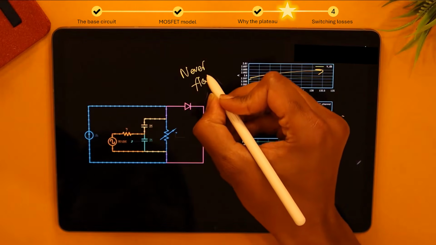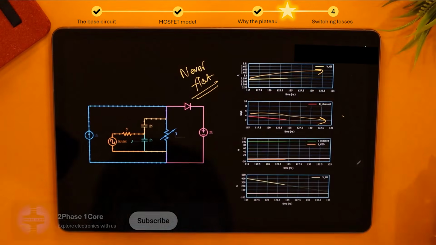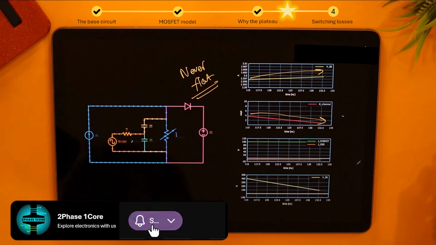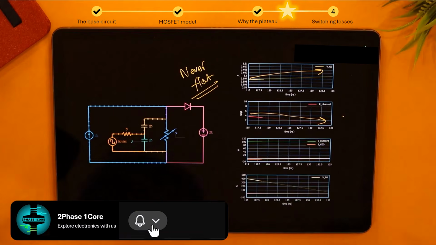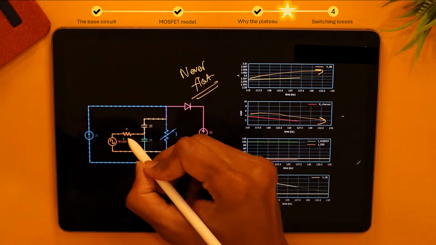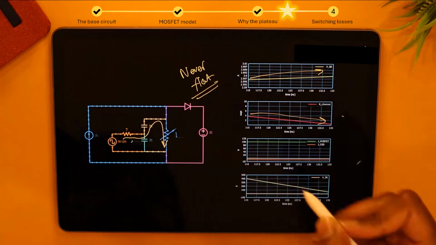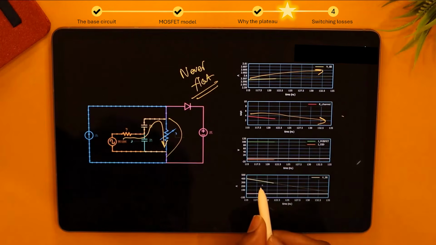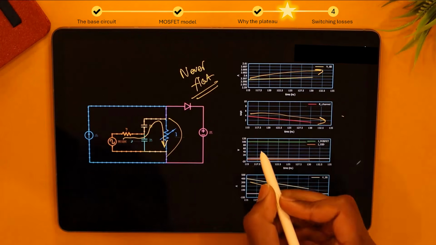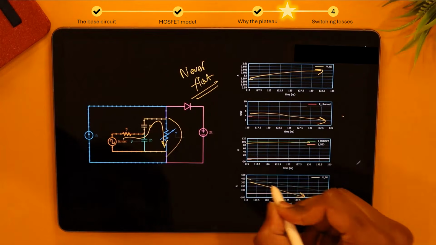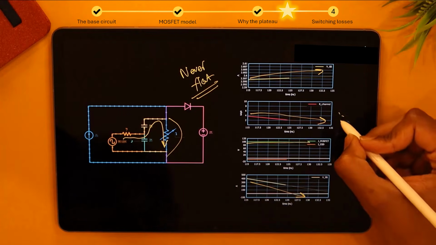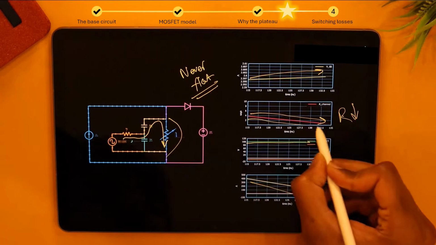The plateau, no matter what you see in the textbooks, can never be flat, because during the plateau region, the CGD is constantly discharging and the voltage across the MOSFET is constantly falling. The current through the MOSFET is constant. So if the voltage is falling, current is fixed, then the resistance has to fall slowly.